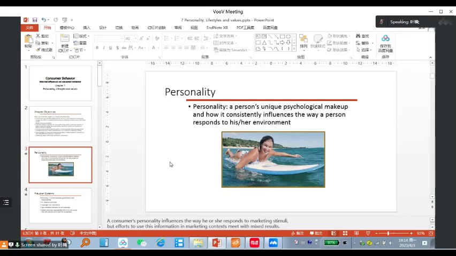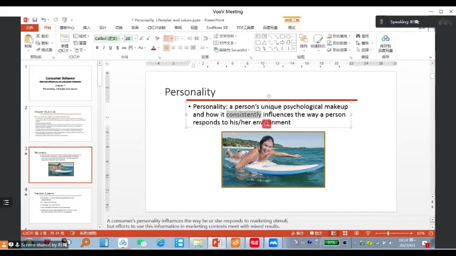In terms of personality, it refers to a person's unique psychological makeup and how it consistently influences the way a person responds to his or her environment. So as you can see, the influence is consistent. So it has somewhat steady influences on consumer behavior.